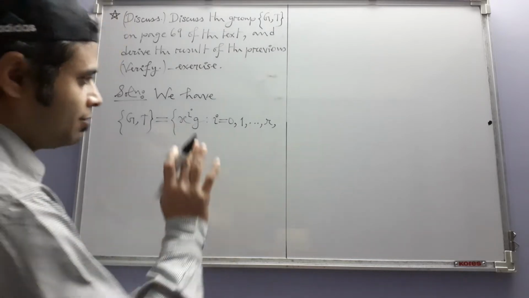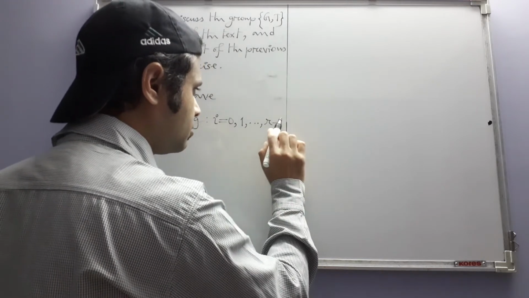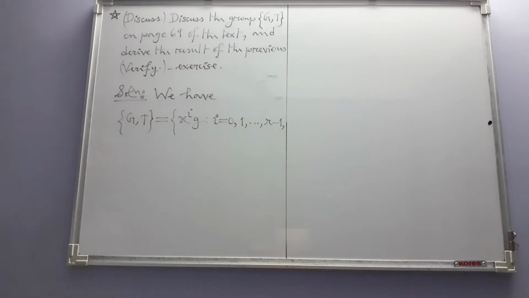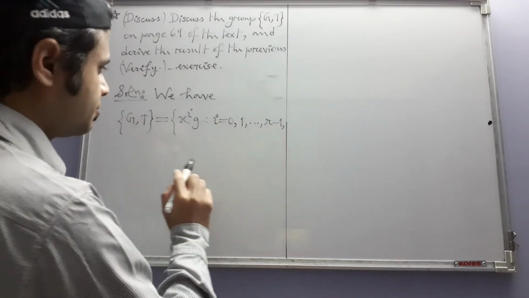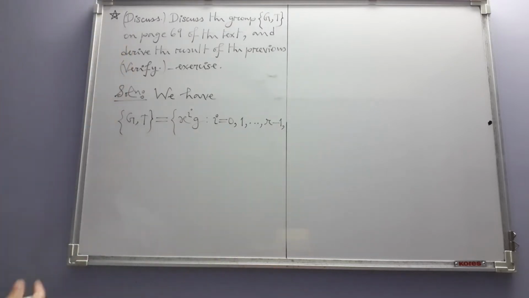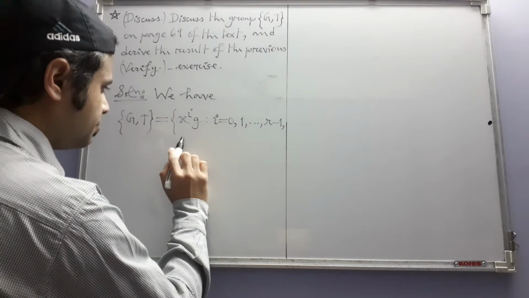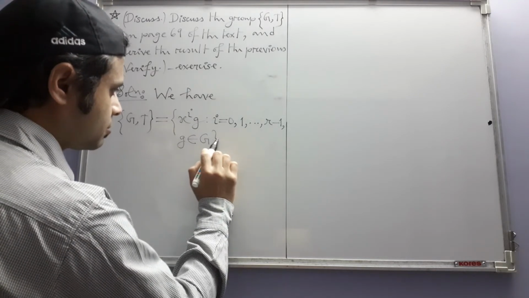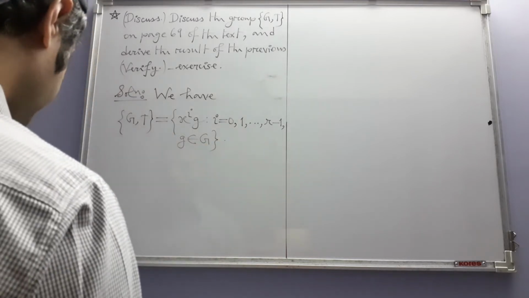Oh, but if R is the order of T, there is no need to go up to R. It's enough if we consider the integers up to R minus 1, because we will see why that is not necessary. And G is an element of G.